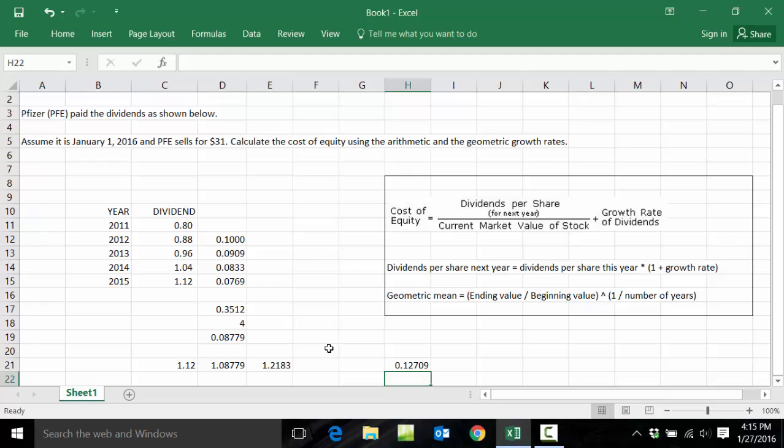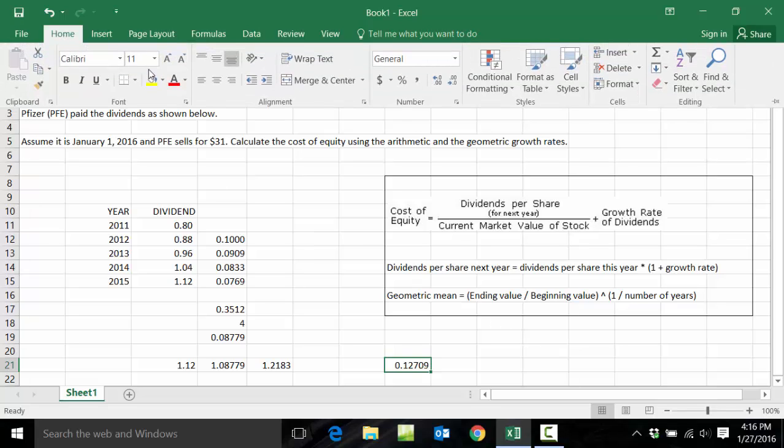Put all that in. So your cost of equity using the arithmetic growth method is 0.12709. And if we turn that into a percentage, that's what we get, 12.7090%. That's your cost of equity using the arithmetic mean.